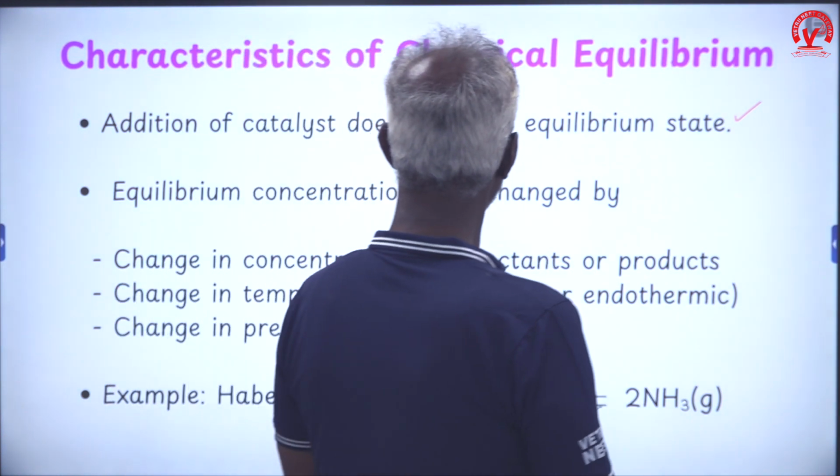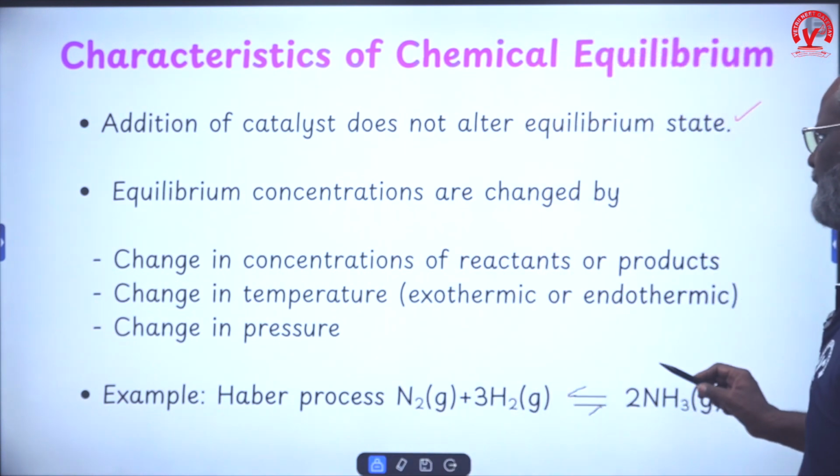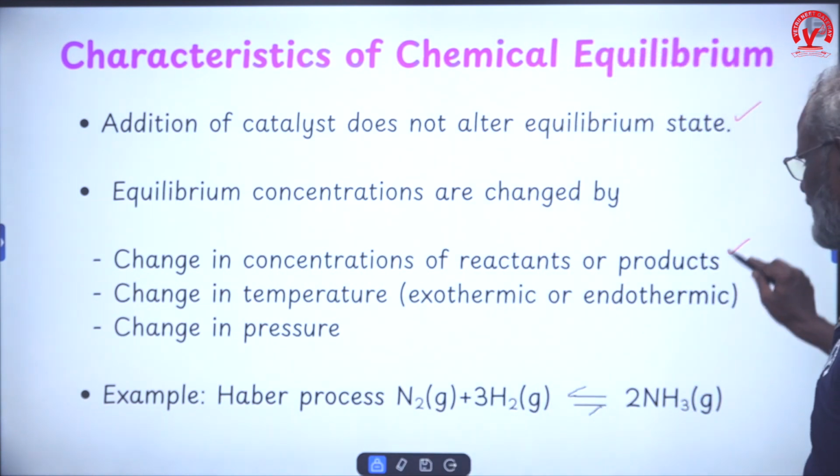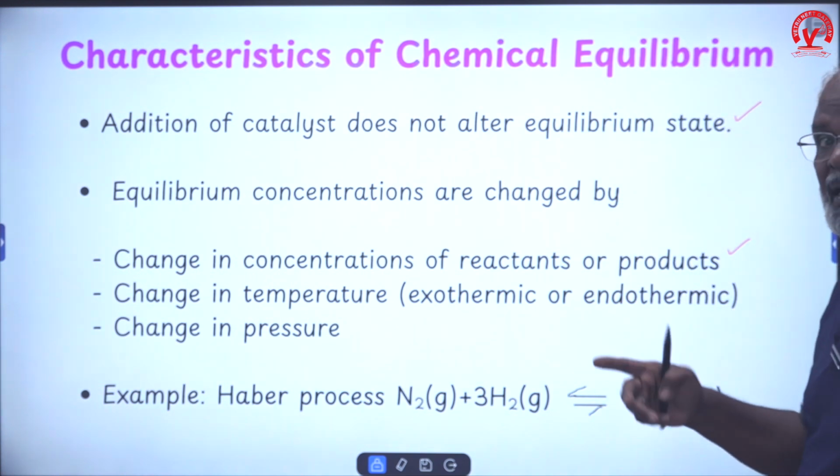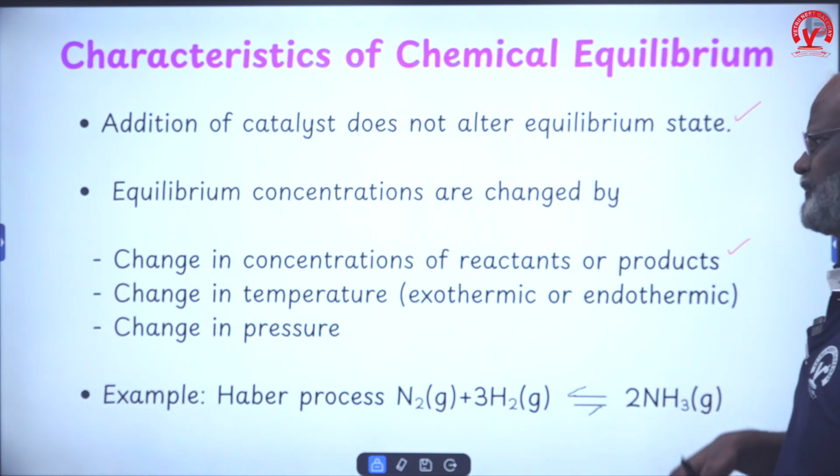Then equilibrium concentrations can be changed by a change in concentration of reactant and product. So the relative concentrations will remain the same, that is, the equilibrium constant remains the same.